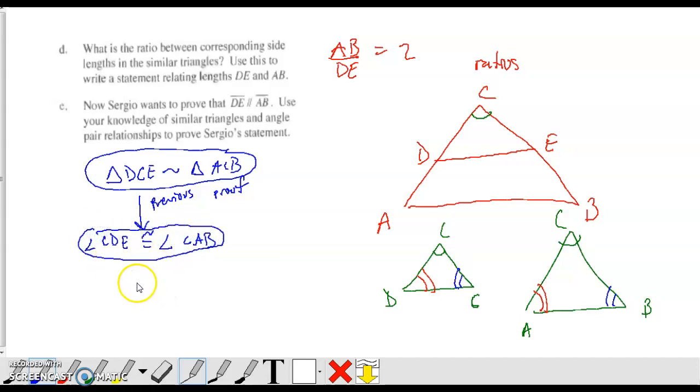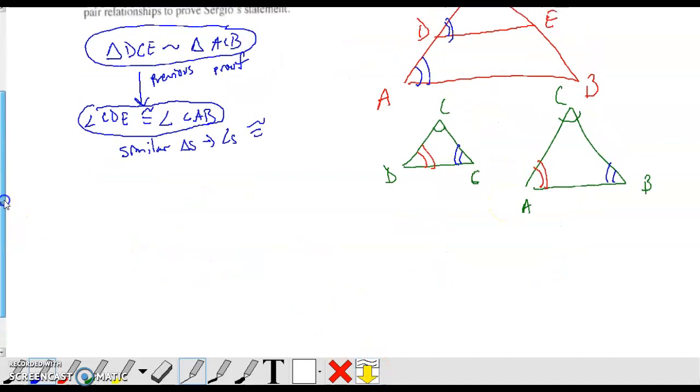Why do I get to say this? I get to say this because similar triangles have angles that are congruent, right? The sides are not congruent, but angles are always congruent. So if these are congruent, these are corresponding angles. And corresponding angles are always congruent when your lines are parallel.